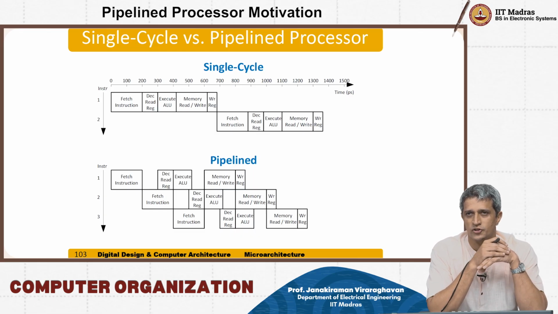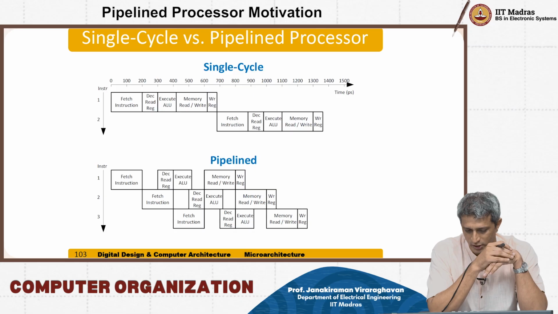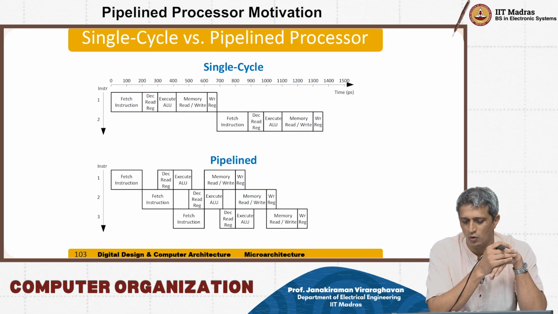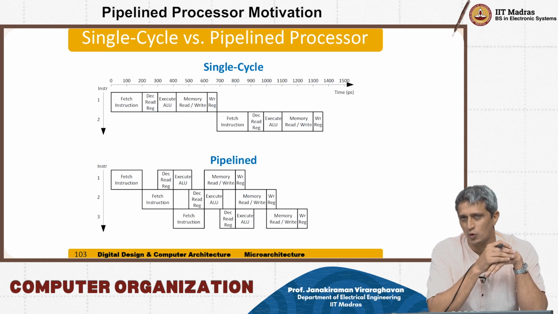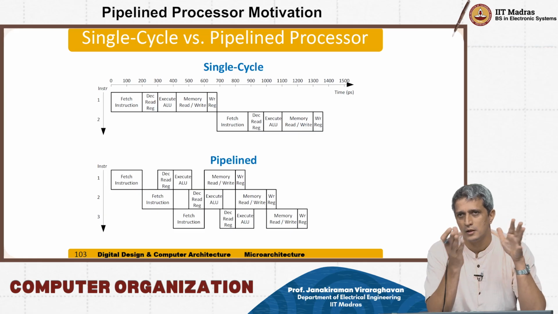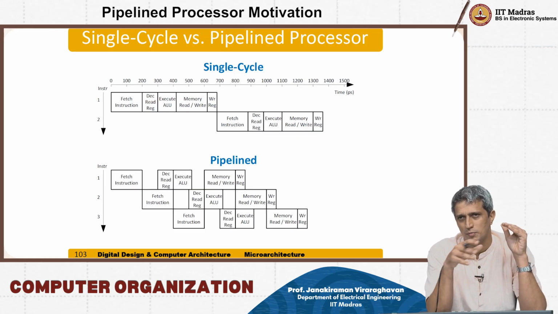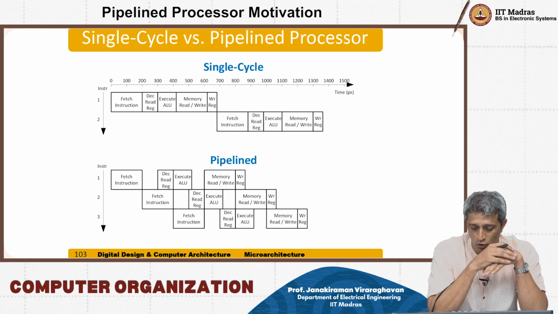Assume that the instruction fetch takes 200 picoseconds, decode and read nearly 100, execute is slightly 120. Memory read is again 200 picoseconds, and register write back has that whole mux plus setup, which is going to take some time.